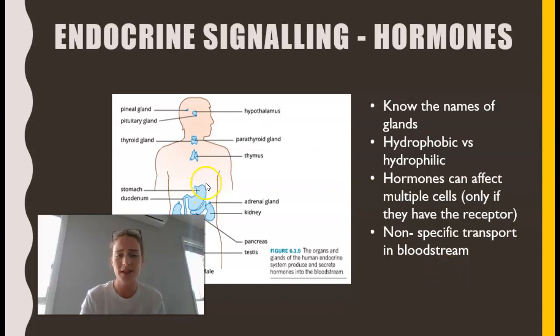So hormones intended for, like we just talked about, growth hormone being intended for muscle and bones, are not just released to muscle and bones; they will be released to the brain, and everywhere in the body. However, their specificity comes from the fact that only their target cells will have the receptor to react to them. So that's our endocrine system.